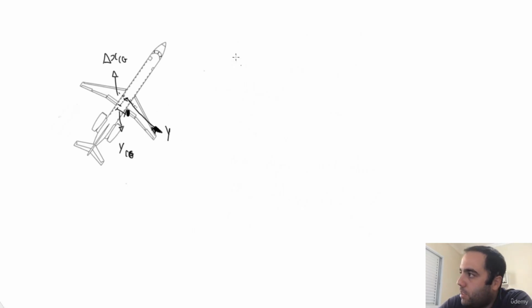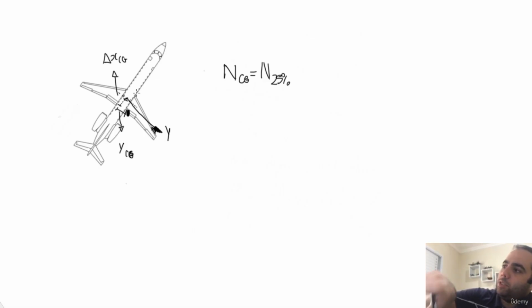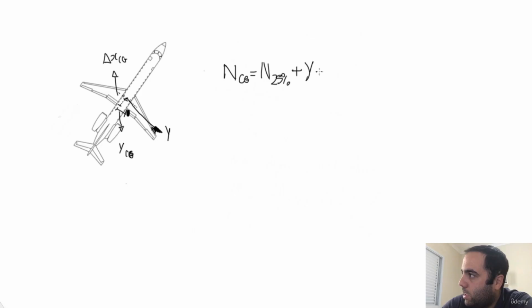So this is going to generate a yaw moment. So the moment around the CG is going to be the moment at 25%. So let's see here. By the right hand rule, this force will generate a positive Cn. So this is going to be a positive force times a positive value here. It's going to generate a positive moment here. So it's plus Y times delta x CG.